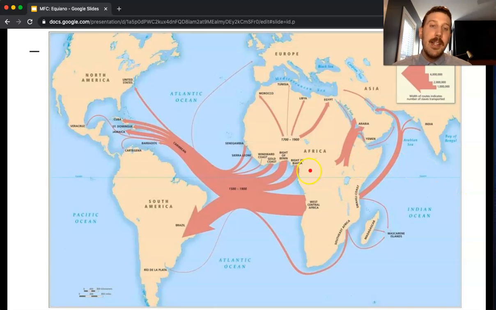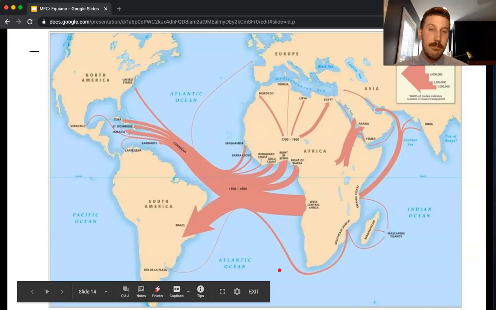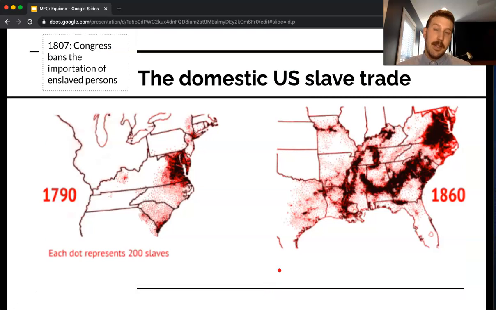This map gives us a sense of exactly where enslaved people from the coast of Africa were taken, especially throughout the New World. And even when, in 1807, the United States Congress banned the importation of enslaved persons, effectively putting an end to that very triangular trade we were just talking about, we know that the practice of slavery and the practice of selling and trading slaves continued in the United States.